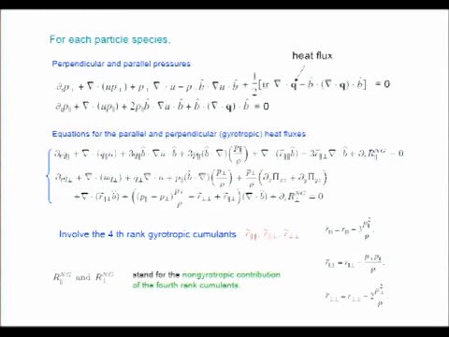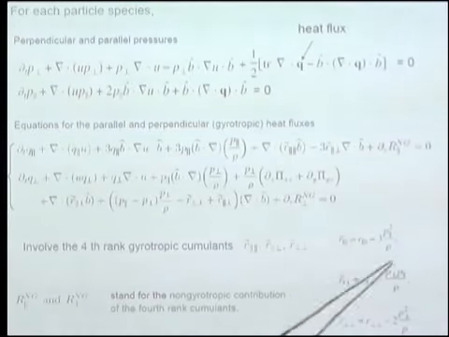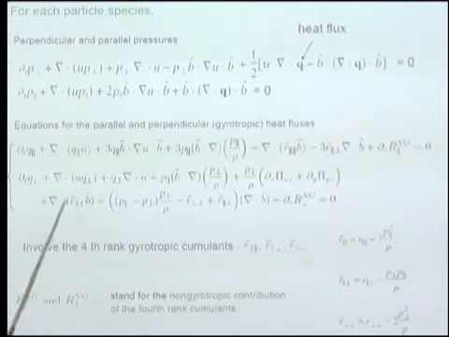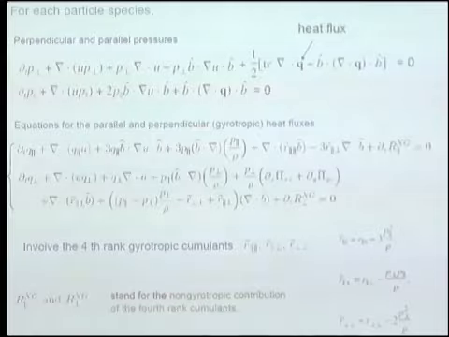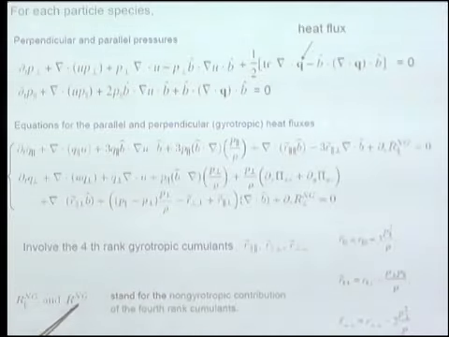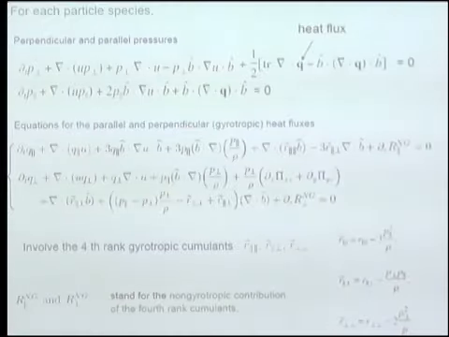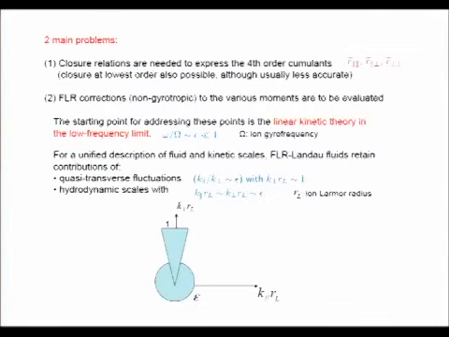And the fourth order moments, or their deviation from the Maxwellian value, have to be obtained from kinetic theory, and this will be the closure that I'm using. I'm also using non-gyrotropic contributions to the fourth rank cumulants. They are important to take into account, and they are also obtained from kinetic theory.